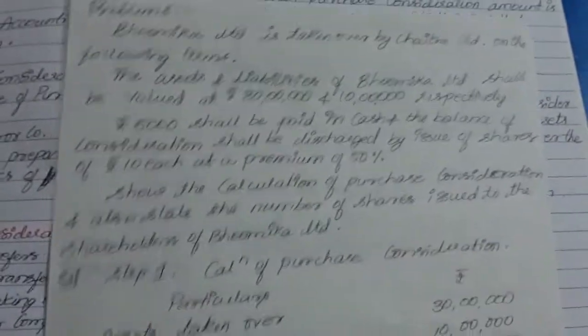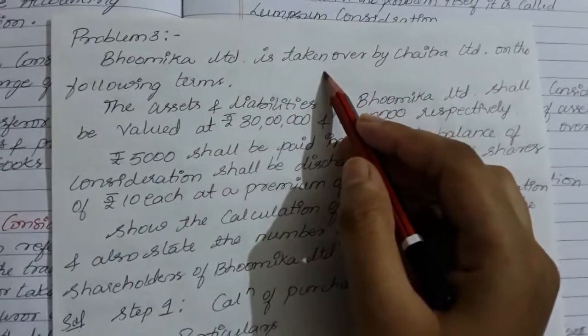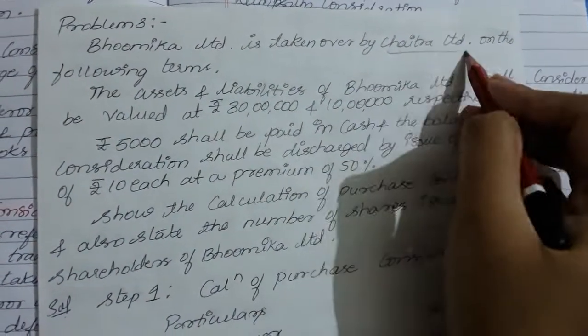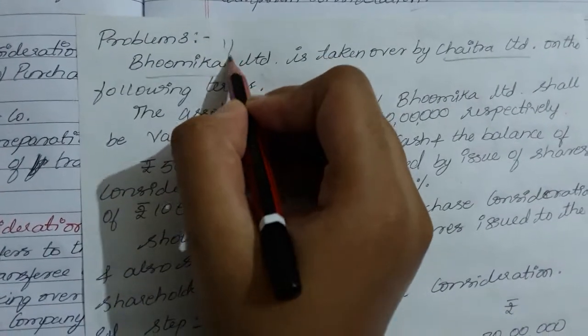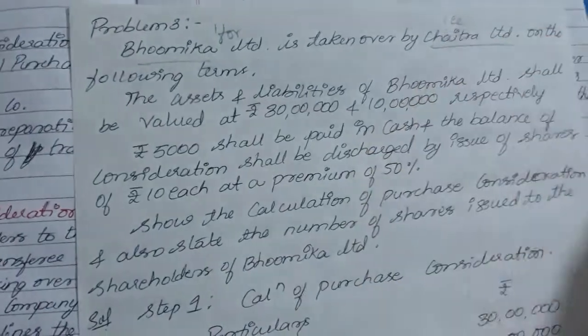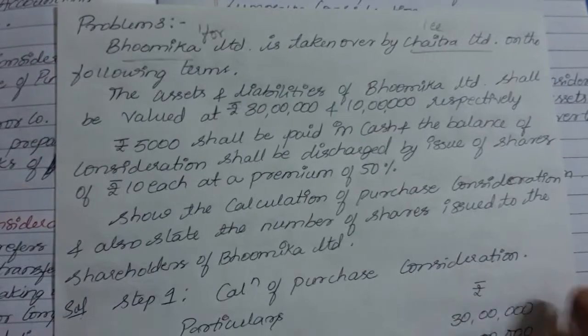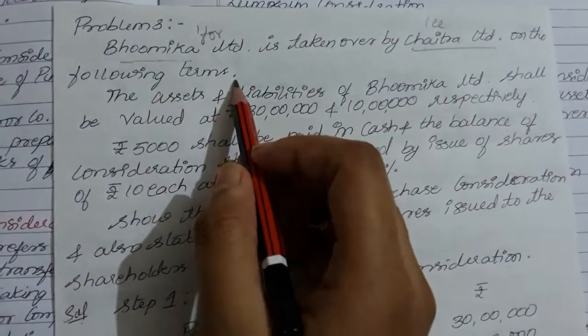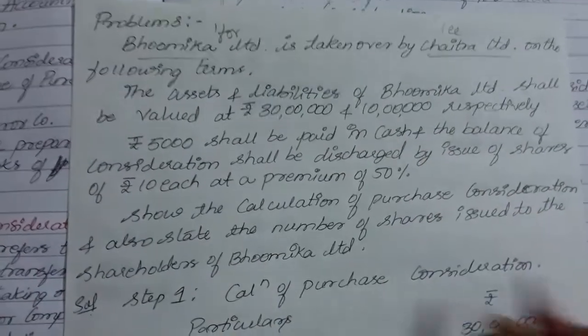See next question. Coming on with, Bhumika Limited is taken over by Chaitra Limited. So Bhumika Limited is the transferor company. So here Chaitra Limited is the transferee company. So see, she is taking over Bhumika Limited, right? On the following terms, this Chaitra Limited is taking over the Bhumika Limited.